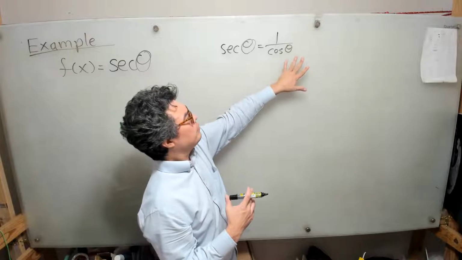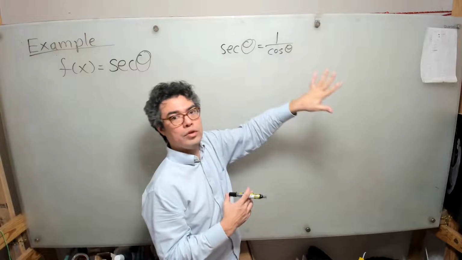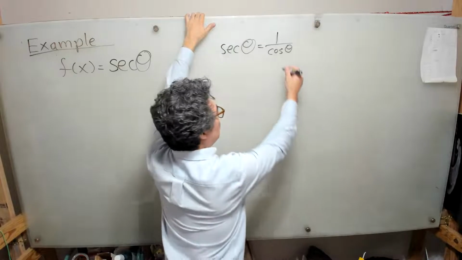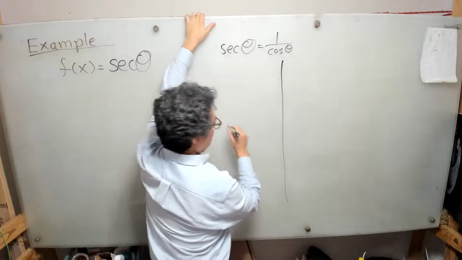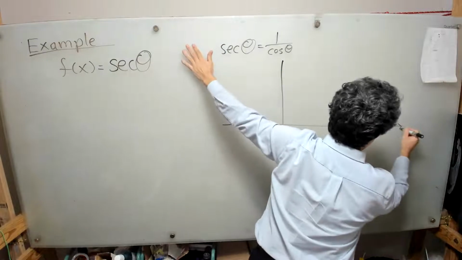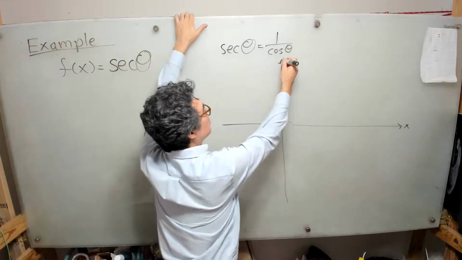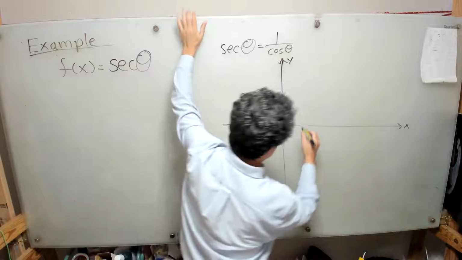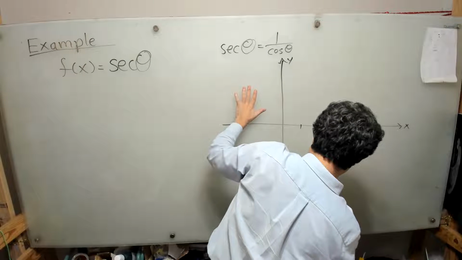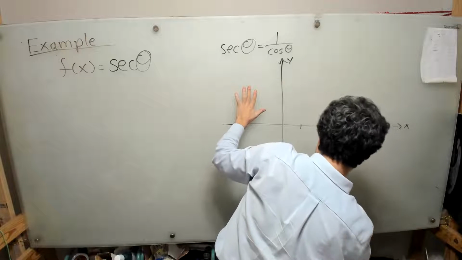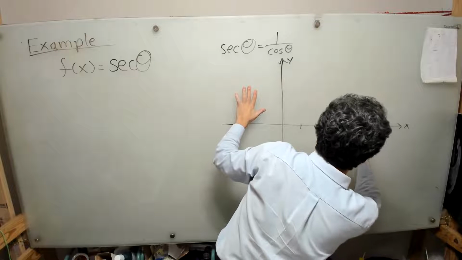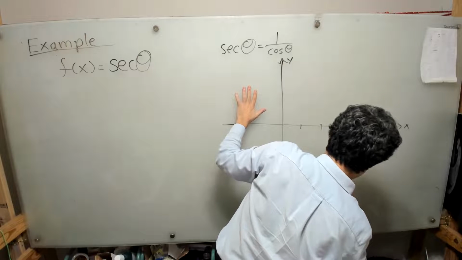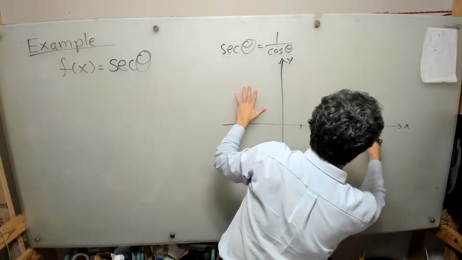So first of all, let us draw the cosine of theta on our graph paper. So this is our x, this is our y, and let's say this is 0. Let's say this is pi over 2, pi, 3 pi over 2 and 2 pi.